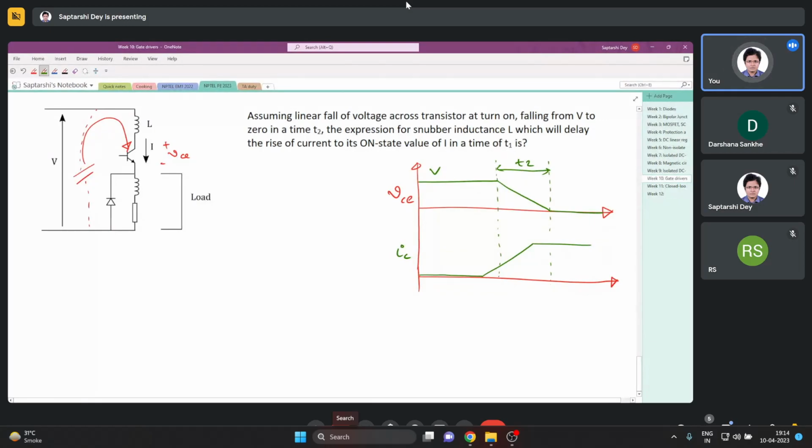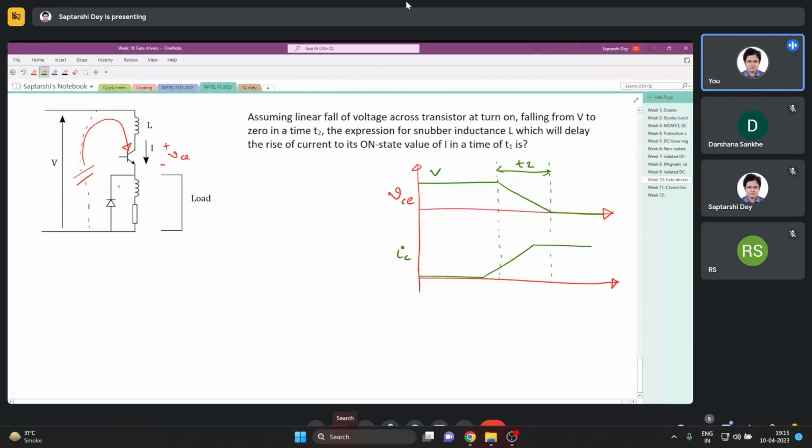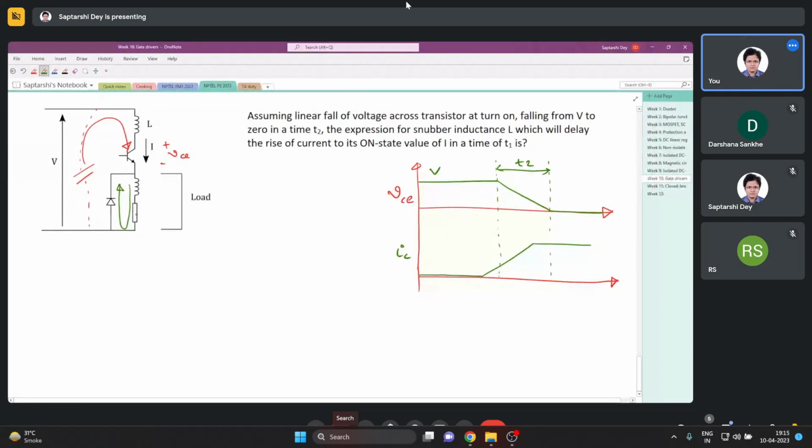Now the thing is, this whole phenomenon is a switching phenomenon. If you look at the load first, when the switch was on, this was carrying some constant current. And when the switch is turned off, the inductor dissipates its energy through this diode in this resistance. Through this diode the current flows and it dissipates its energy in this resistance.